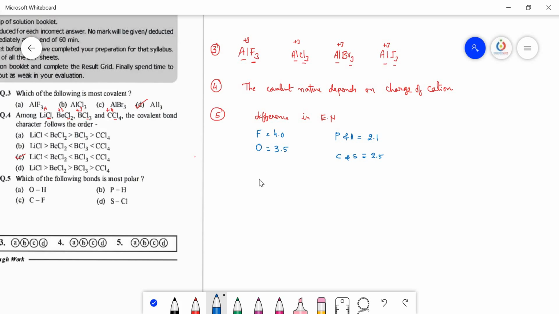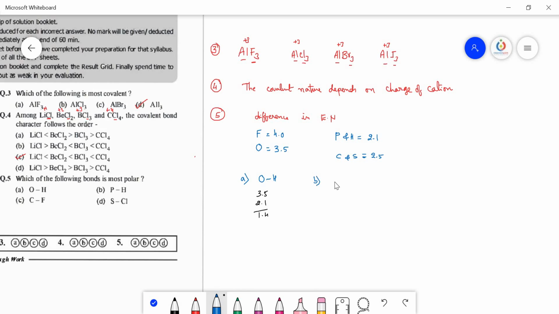Now let us see the oxygen hydrogen bond in option A. Oxygen is 3.5, hydrogen is 2.1, difference is 1.4.